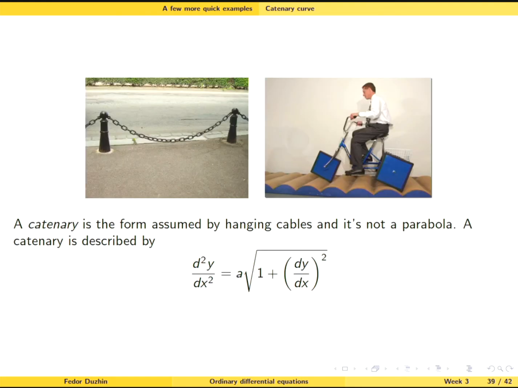Another example is the catenary curve. The catenary curve is the form assumed by hanging cables or ropes. It has this funny property that if you design the shape of the floor as many turned over catenary curves, then you will be able to ride along such a floor on square wheels evenly.